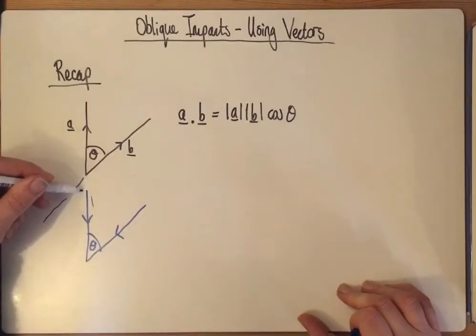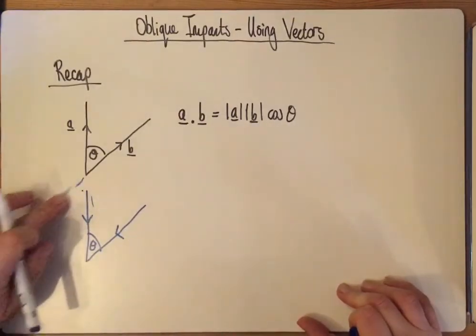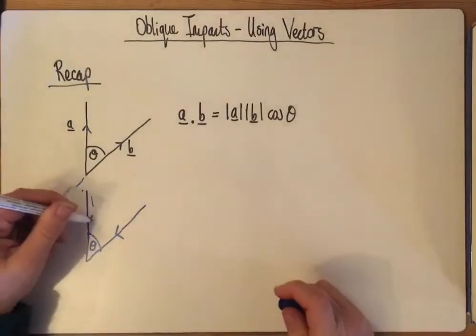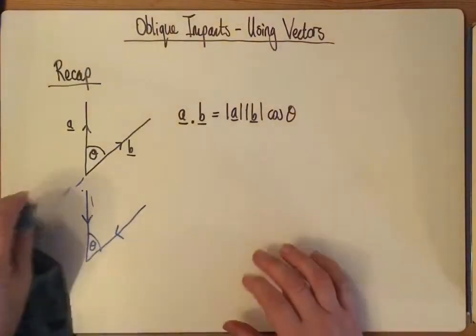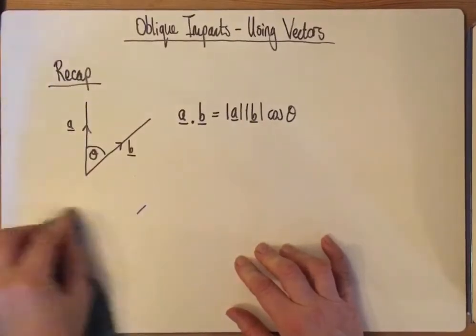I'm finding theta there. If you've got one in and one out, you'll find 180 minus theta instead. So just be a little bit mindful of that in questions.